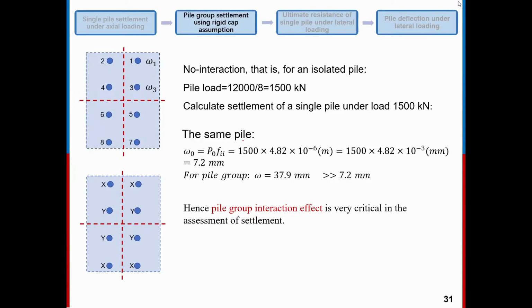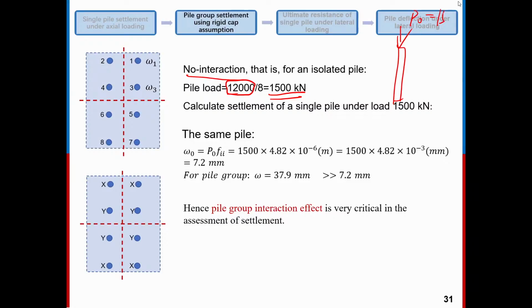So if no interaction is considered, which means no interaction between the piles, we only have a single pile under the average loading for these 8 piles, which is equal to the total load divided by 8, which is equal to 1,500 kilonewton on top.